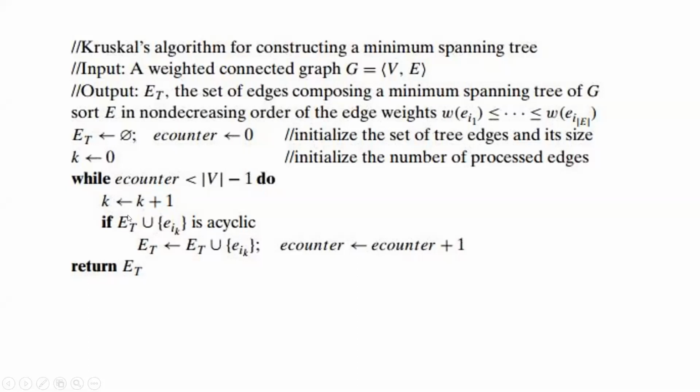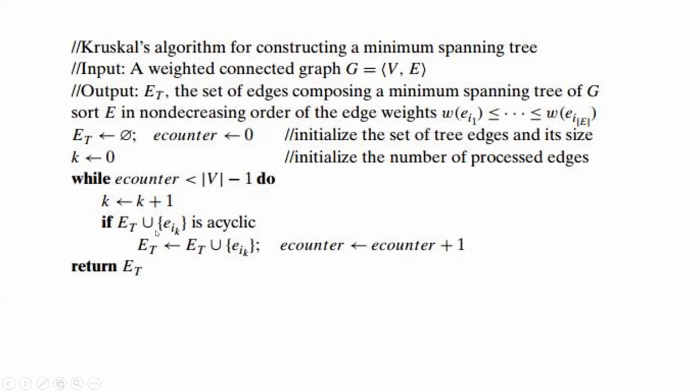If you consider that edge in the selected set of edges, and that addition retains the graph as acyclic, meaning there is no creation of any cycle, then you can add that edge. That union means you add that edge to the set of selected edges. First you have to check if it retains it as acyclic, then add it to the set of selected edges.